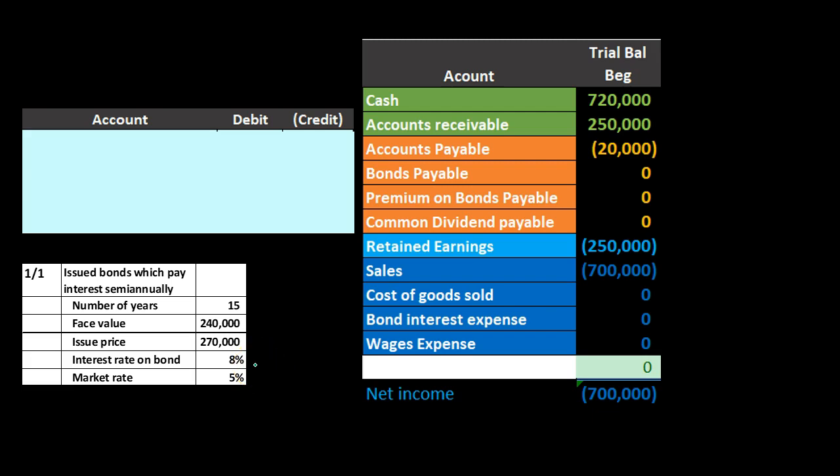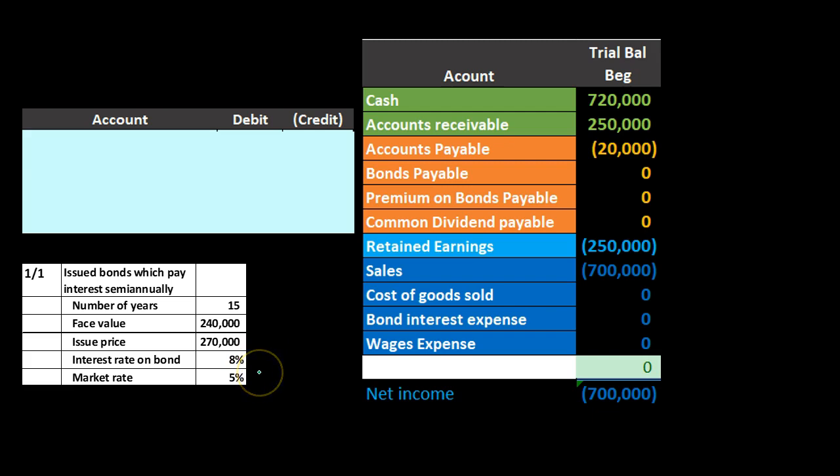Our bond rate, the contract rate, is 8%. We're going to be paying on this bond 8% of the $240,000. But the market rate is only 5%, meaning other people could go elsewhere and only get a 5% return, and we're paying out an 8% return. So that means that we're going to say, well, we can't lower this to 5%.